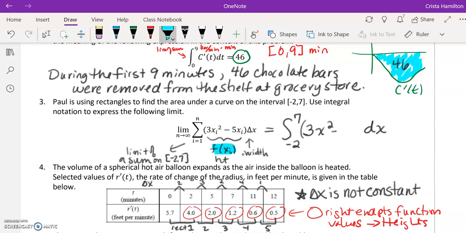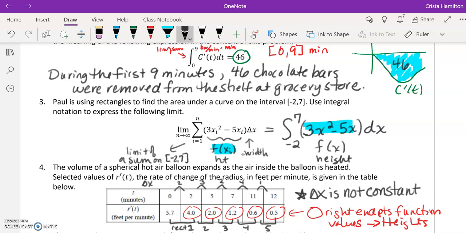Notice that over here, there is no x sub i, because it doesn't matter what endpoint you use. It doesn't matter if you use the left endpoint or the right endpoint, because when I do the limiting process, they all collapse down to exactly the same point. So you'll notice that the x sub i part drops out, and we just simply write what was the function that we had. That's our integrand, and remember that that represents the height of each rectangle.